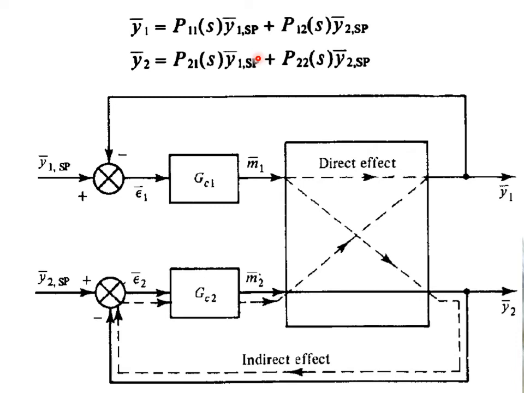It is getting affected by the change in set point of y1 over here, which is quite understandable, but it also will be affected by the change in set point of y2 because of the interaction. And similarly, the output of the lower loop y2 will not only be affected by the change in set point of y1, but will also be affected by the change in set point of y2.